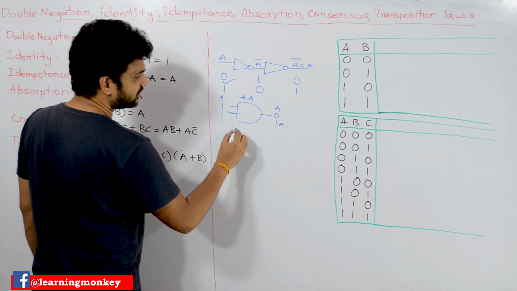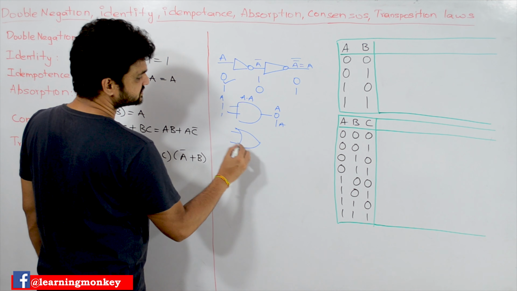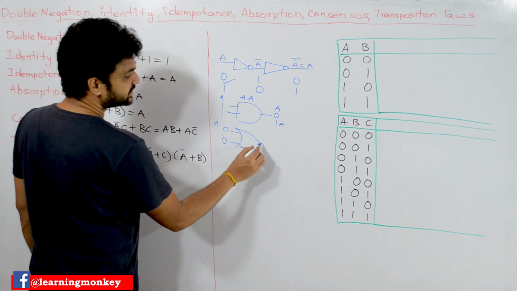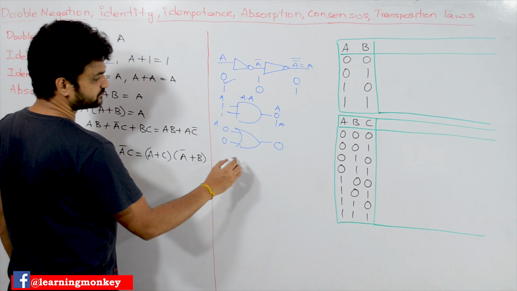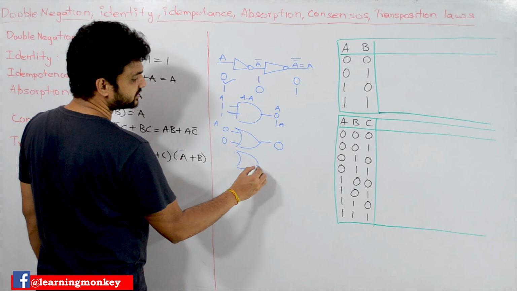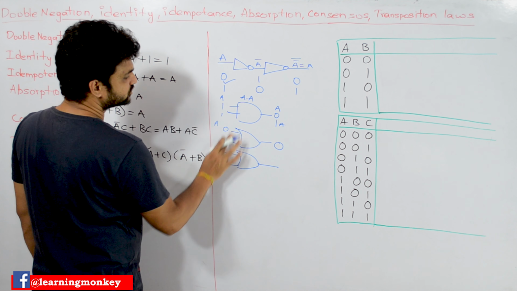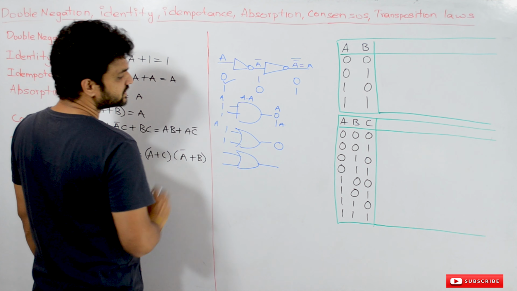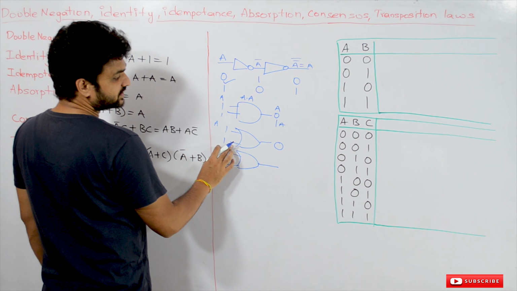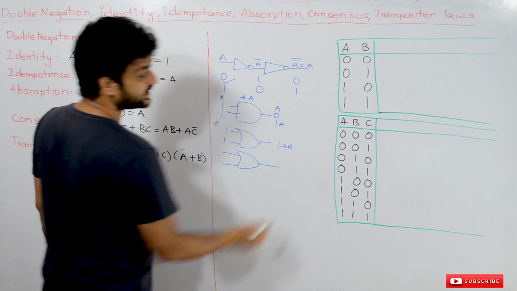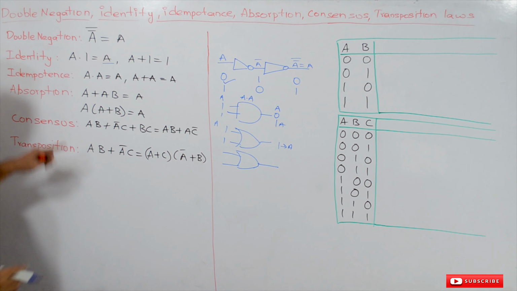Similarly, the OR gate will also be the same. 0 plus 0, the value of a is equal to 0, so it produces an output of 0. These are the AND and OR gate operations. If you take the inputs as 1 plus 1, the output is 1, which is again equal to a. This is what we call the idempotence law.